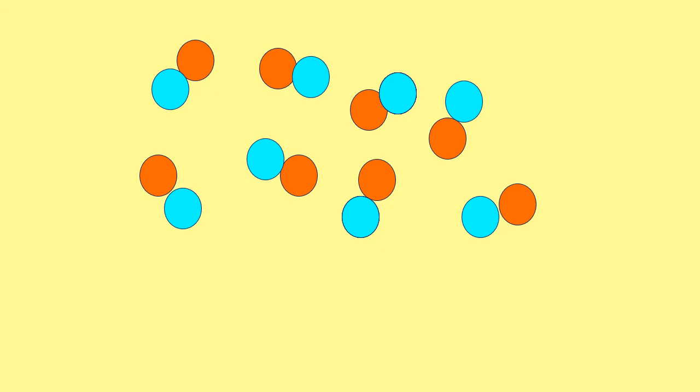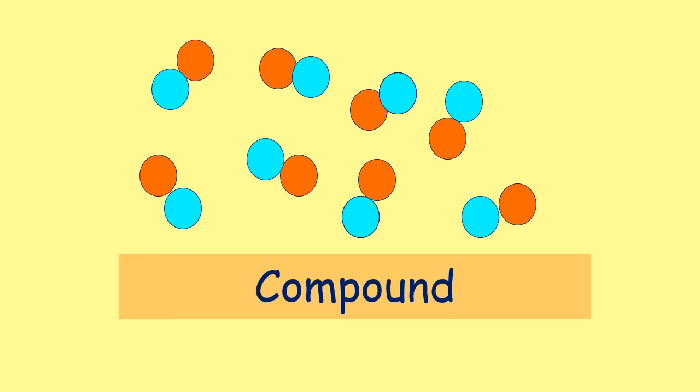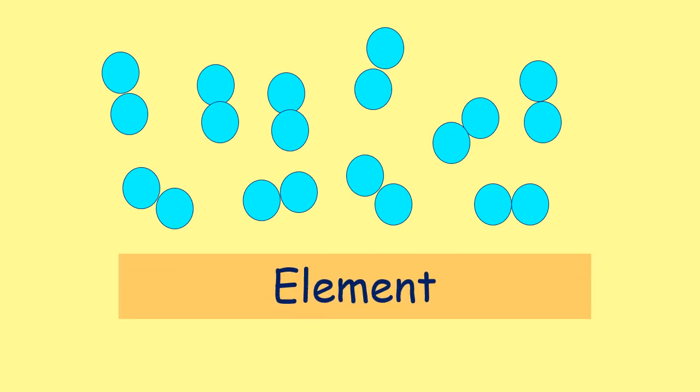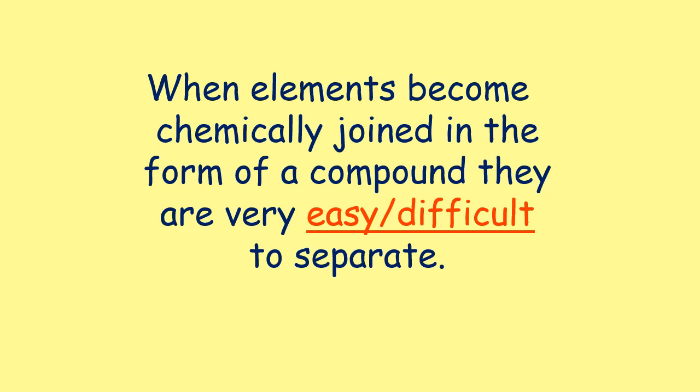Well, this one is a compound because we've got the orange and the blue atom, two different types, chemically joined together. What about this one? Element or compound? So that one is an element because we've only got one type of atom, the blue one.